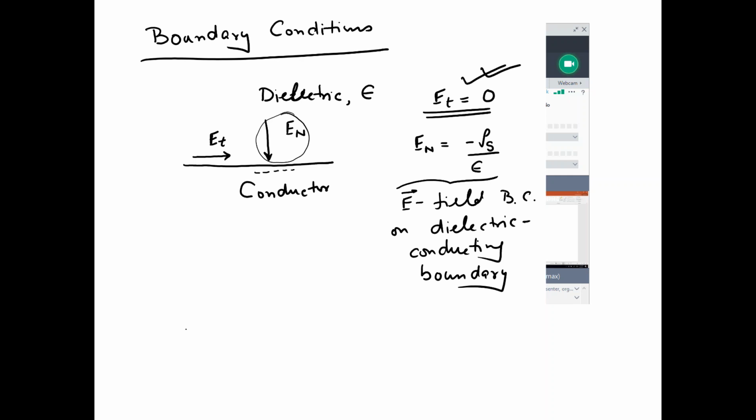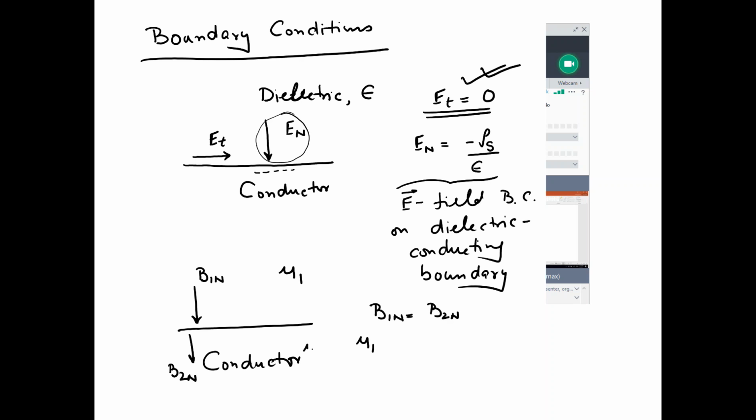Similarly, you have a boundary condition for the magnetic field. The normal component of the magnetic flux density, B1 normal and B2 normal, has to be equal. Or with mu, if this is mu1 and this conductor has mu2, mu1 H1 normal is mu2 H2 normal.